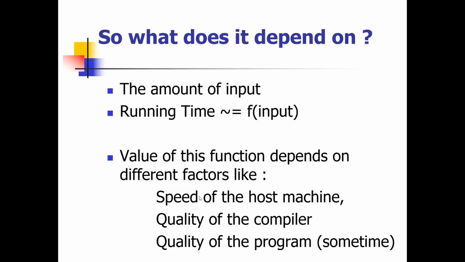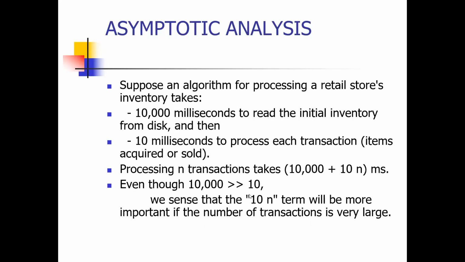The value of this function depends on different factors like the speed of the host machine, the quality of the compiler, the quality of the program sometimes, okay? Suppose an algorithm for processing a retail store inventory takes 10,000 milliseconds to read the initial inventory from a disk. Now 10,000 milliseconds is 10 seconds, right? Because 1,000 milliseconds make up 1 second. So 10 seconds from disk, and then 10 milliseconds to process each transaction, right?